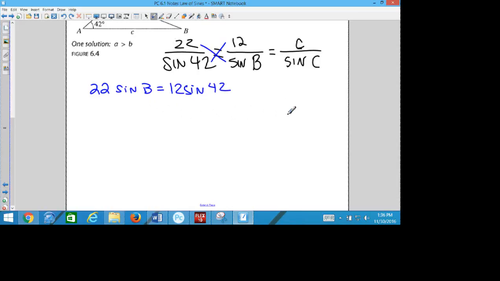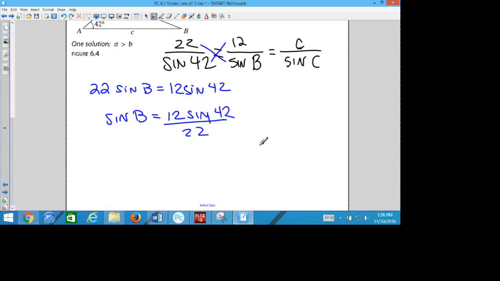Now, you cannot divide by sine. You can divide by 22. So we get sine B equals 12 sine 42 divided by 22. You cannot divide by sine.